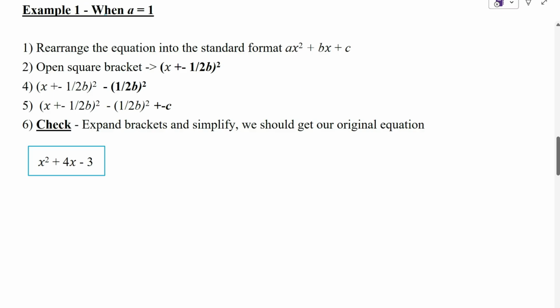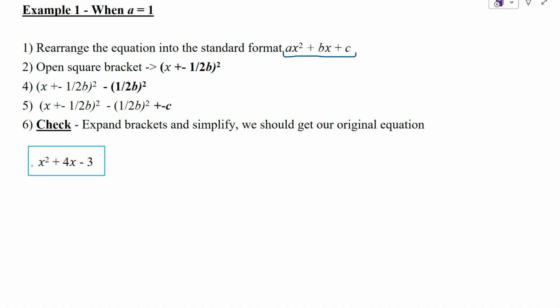Okay, so this example is used where a equals 1. And what do we mean by that? First, we need to rearrange the equation, so it is in this format of ax squared plus bx plus c. So we want a to equal 1, so there's no number in front of x, like we have here.